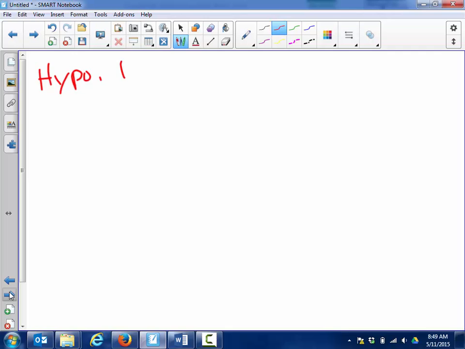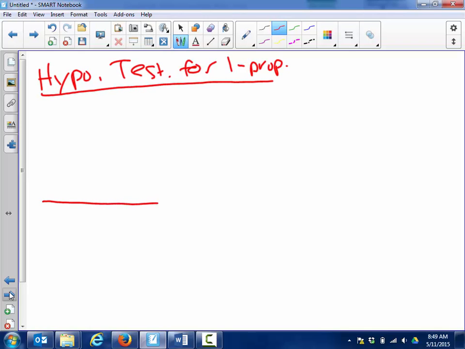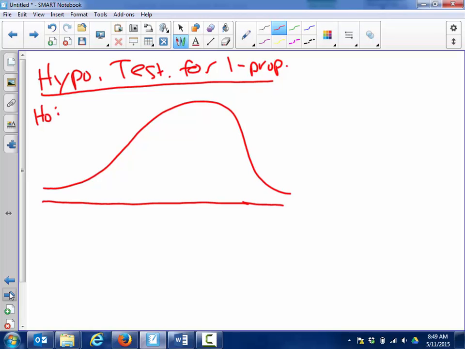Finally, we've got a hypothesis test for one proportion. Again, it uses the normal bell curve. Let's say your hypotheses are that the null is your population proportion is equal to p naught, whatever value that may be, and your alternative is that your population proportion is not equal to p naught.